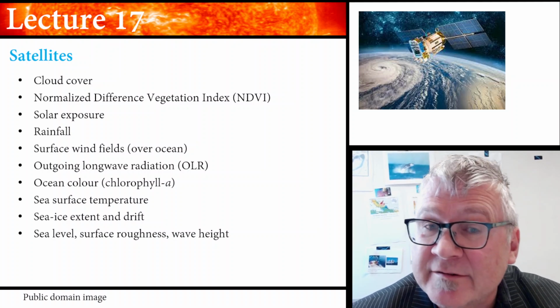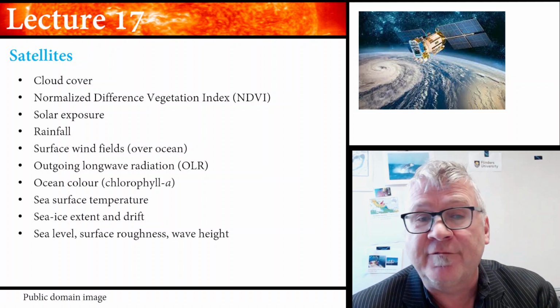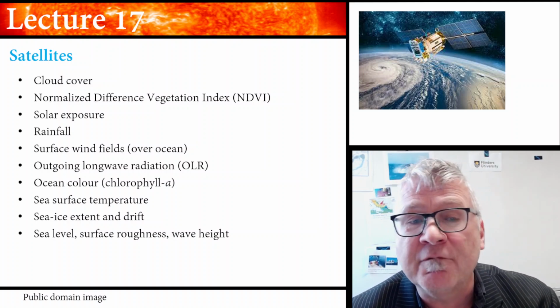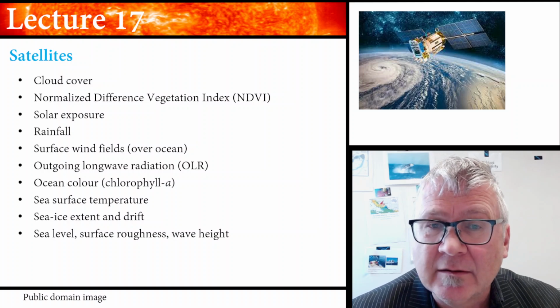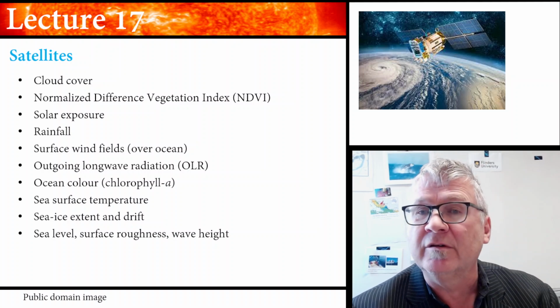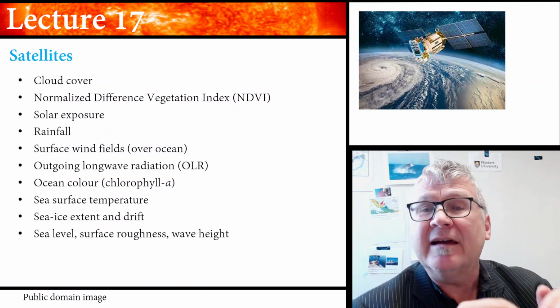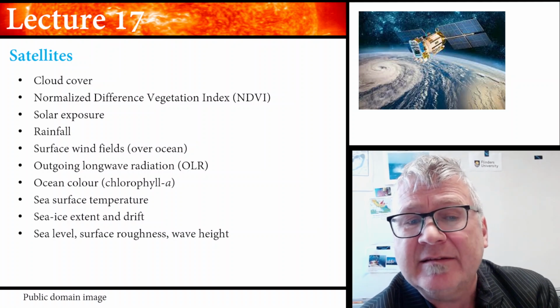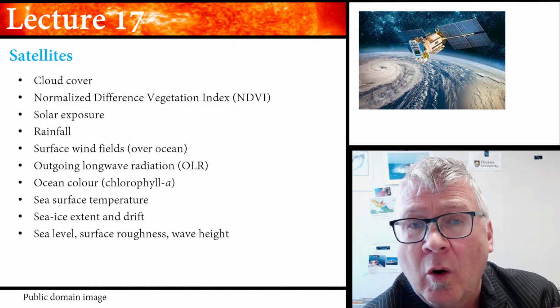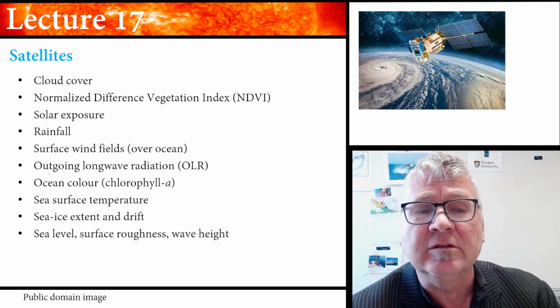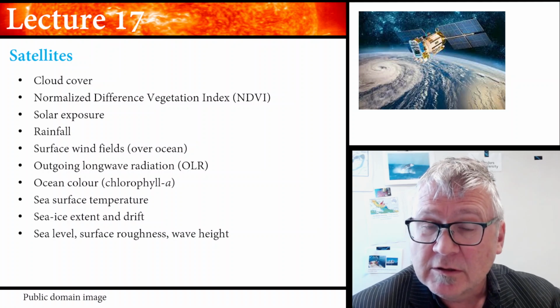Because now we have data since the 80s, which is a little bit more than 40 years of satellite data. And that's a very good piece of information. It should be highlighted that satellite data only capture the surface information of the oceans.